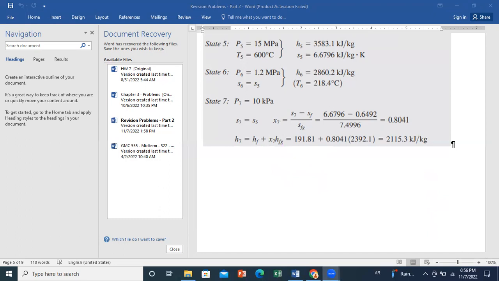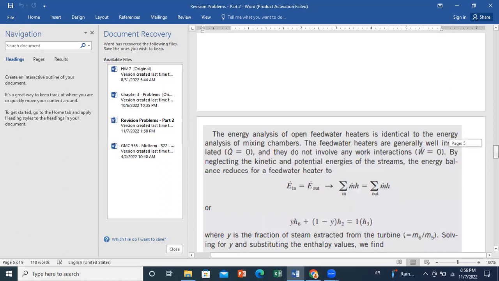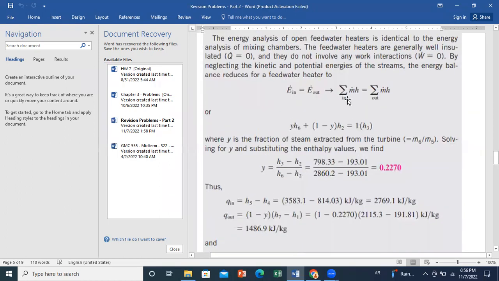Before getting to efficiency, we still need to know the fraction of mass flow rate that will go through the feed water heater, and the portion that will undergo a complete expansion in the turbine. What is new in this problem is the application of the energy balance for the feed water heater.